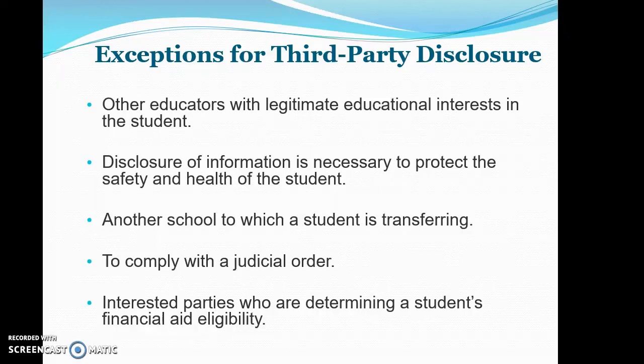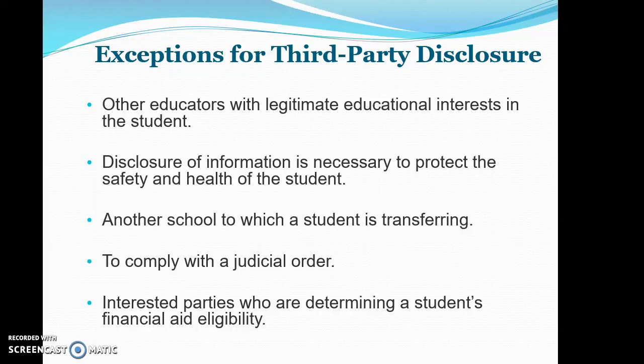For example, many times we meet about students during our problem-solving teams, and you have to talk about academic or behavior concerns. You don't have to have permission to share the information with the problem-solving team because they have the same educational interests as you do.